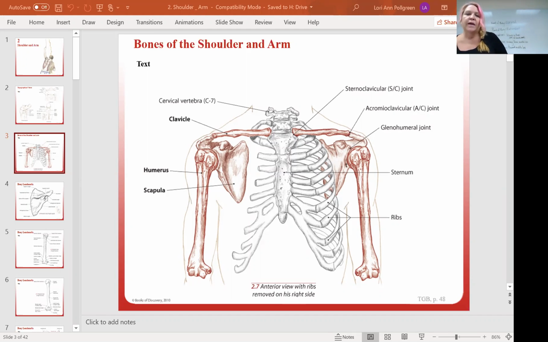And then we have the glenoid cavity, sometimes called the glenoid fossa, where it joins the humerus. So we call that the glenohumeral joint. So they're named after the cavities, where the two bones articulate with one another. And of course we have the scapula and we have the humerus in that picture as well.